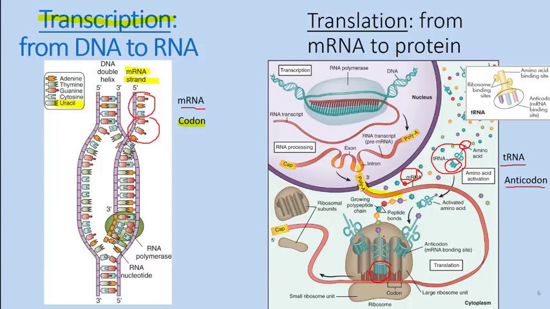And then one by one, as transfer RNA brings a different amino acid to the ribosome, we end up forming a whole bunch of amino acids that are bound by peptide bonds. And this forms our polypeptide, and then once we get other polypeptides together, we can form a protein.